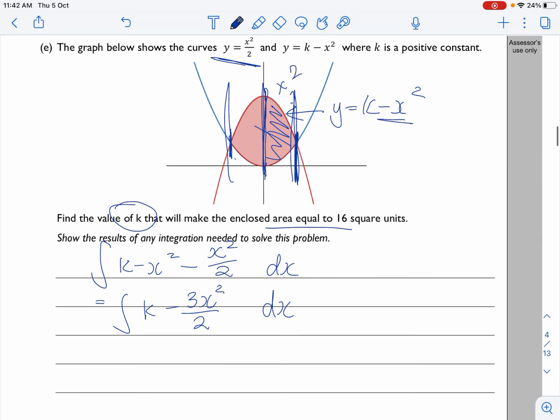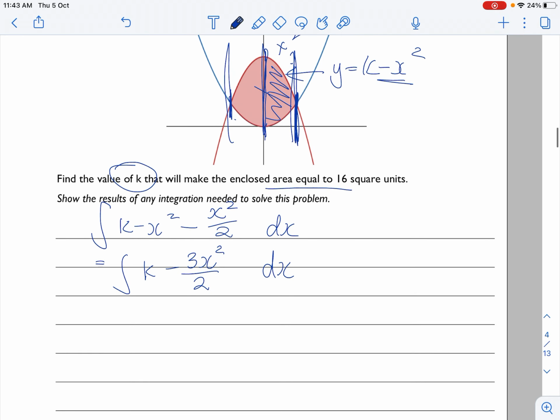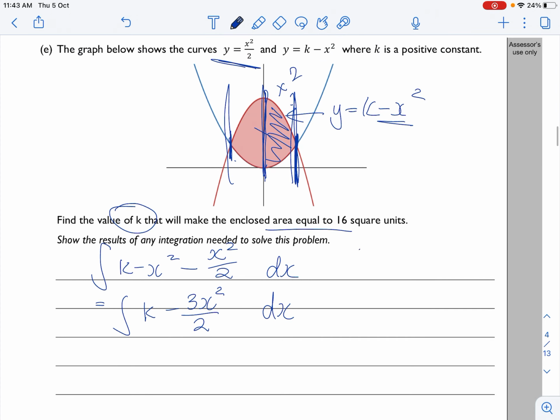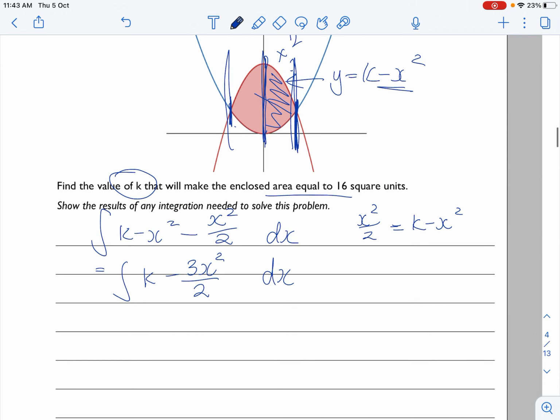Right, to find out where these two graphs intersect, what we do is put them equal to each other. So we've got x squared over 2 equals k minus x squared, and we're going to find out what x equals. Okay, so we can move this x squared over. So this is a half x squared plus 1x squared is 3 over 2 x squared.